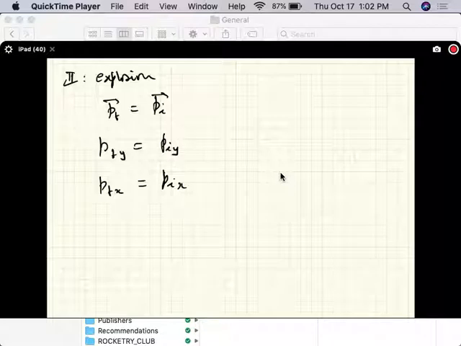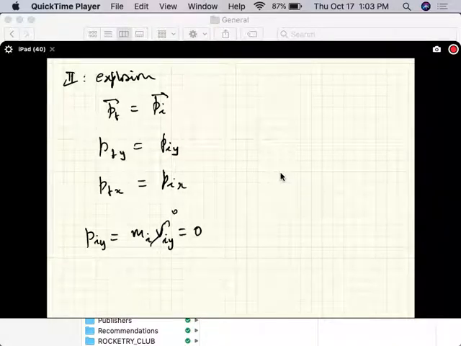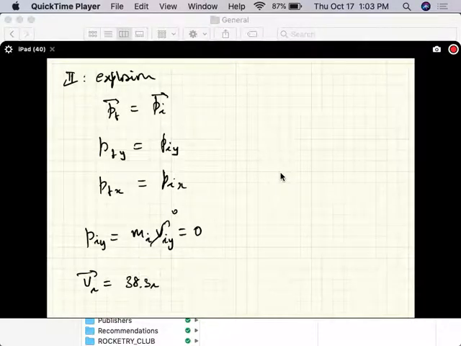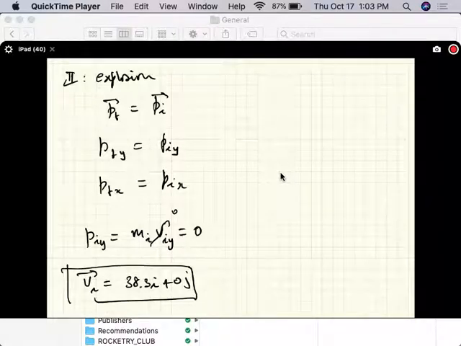So, what is the initial x component, y component of the momentum? Initial mass times velocity. Just before the explosion, remember, the initial velocity was 38.3 i plus 0 j. So this one is 0.